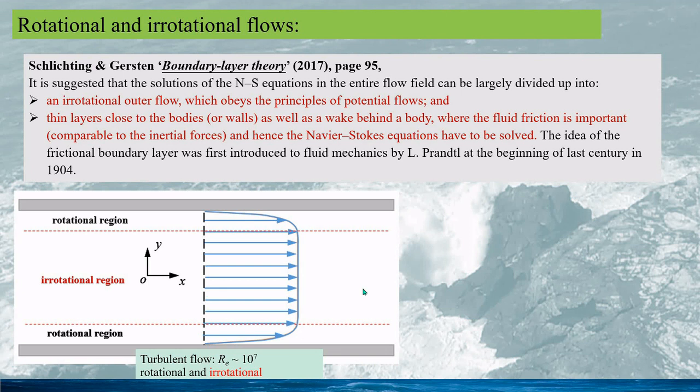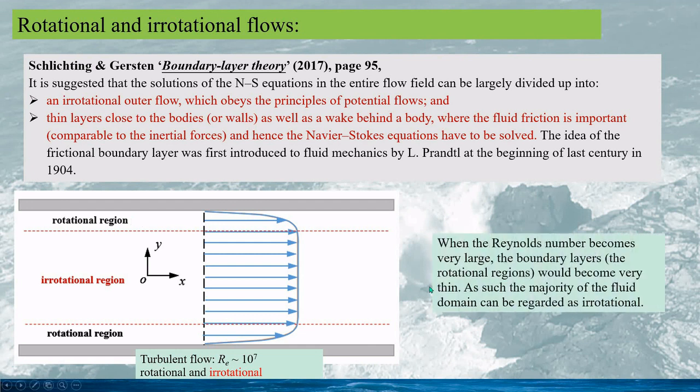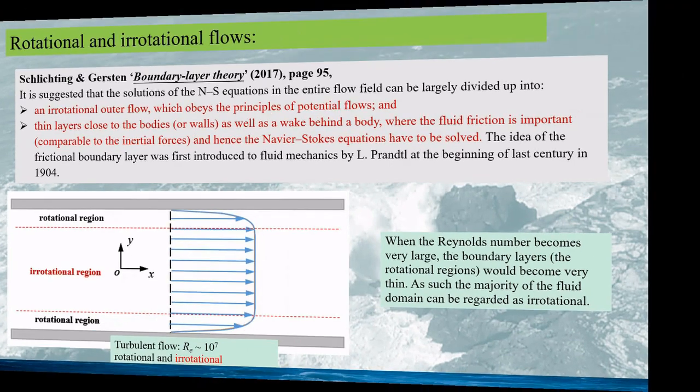The majority of the flow field is irrotational, and the small areas near the pipe wall are rotational regions, here and here. So when the Reynolds number becomes larger, the boundary layers become smaller. As a result, the entire flow in the pipe can be approximated by an irrotational flow.